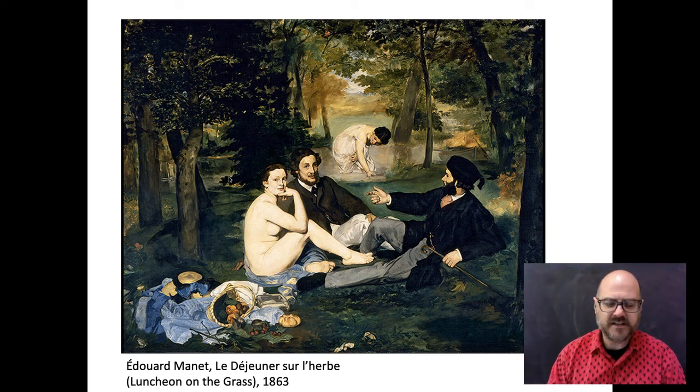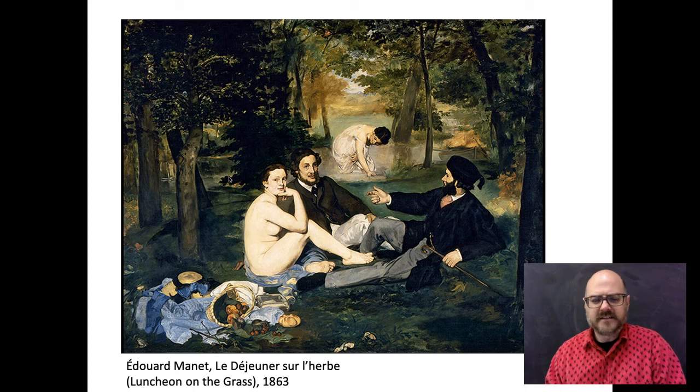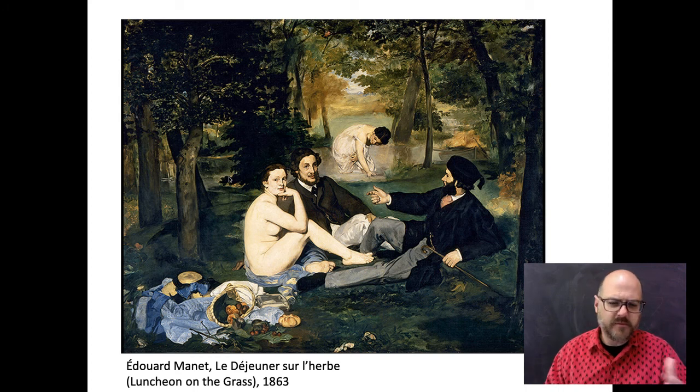So this was rejected. Napoleon III had reasoned that there were a number of people that were rejected from the Salon, that some of them were bad paintings, but some of them were like this and they were rejected because they're controversial.